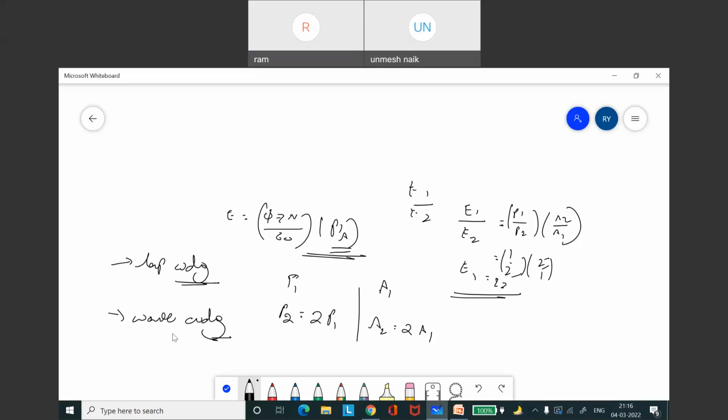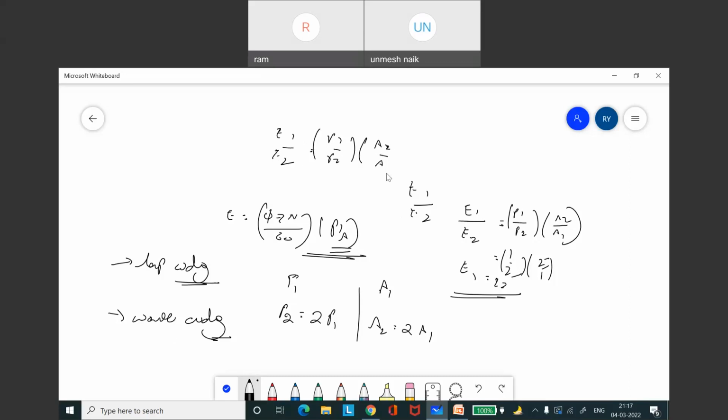It will not change. Sir, but it will be proportional to P. Yes, P is getting doubled, right? So E is proportional to P, so E also gets doubled.